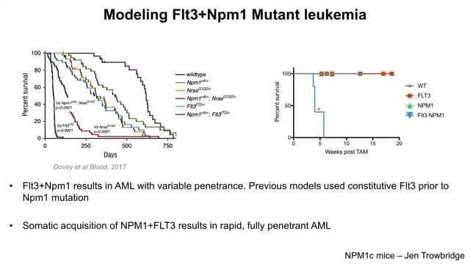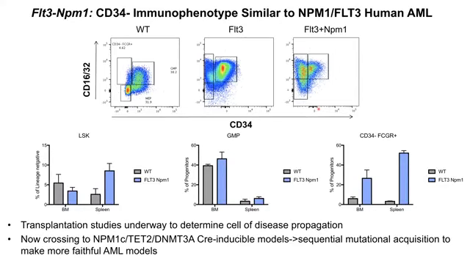We think that's an important point. The disease looks just like the human disease, with CD34 negative, fully penetrant leukemia. And so we'll have a lot to say about this moving forward. We think it'll be exciting to develop models that really accurately recapitulate the series of events, the clonal milieu, and ultimately, if we can use these systems to uncover mechanisms, we'll go back to the clinic with those insights.